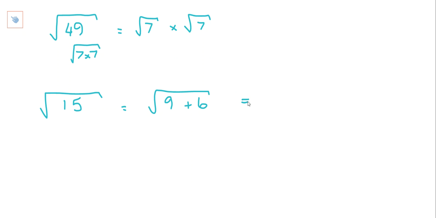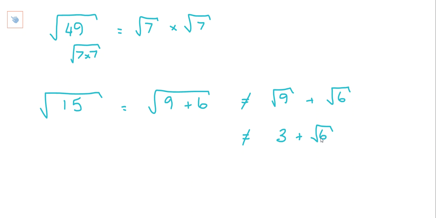But this is not root 9 plus root 6. You can't do that. Check it out using your calculator. It doesn't work, because that's not timesing them, it's adding them. You can split it like that in the surd, but it doesn't help you. So it definitely is not equal to 3 plus root 6.